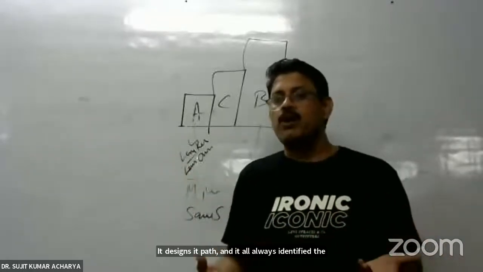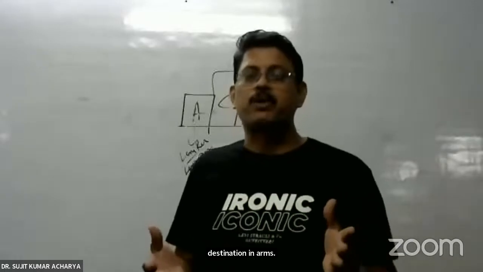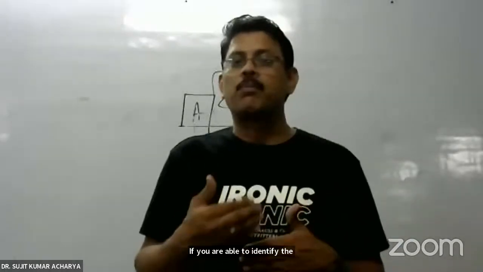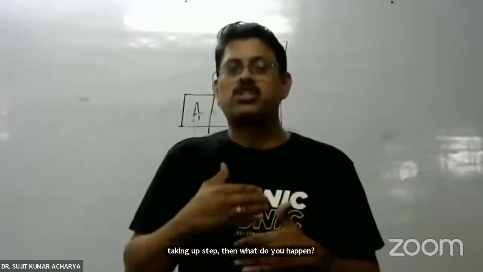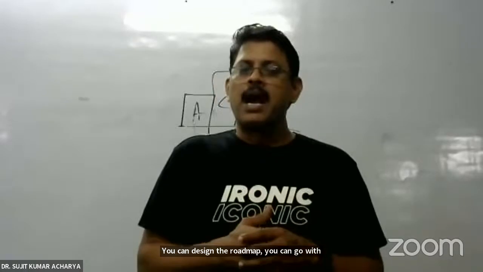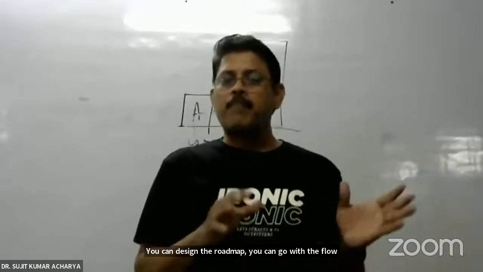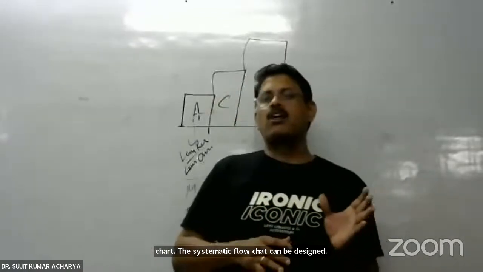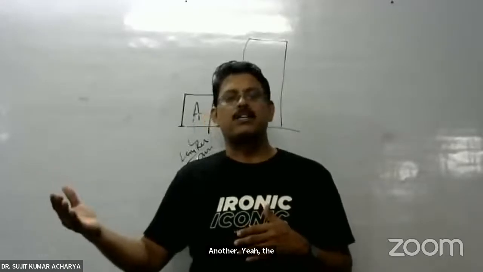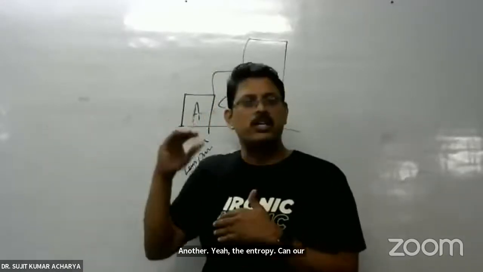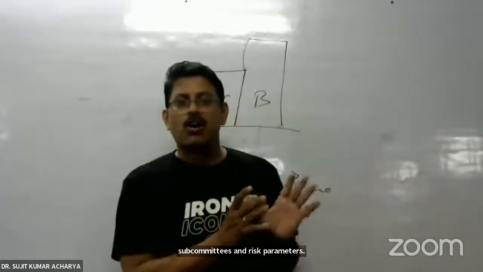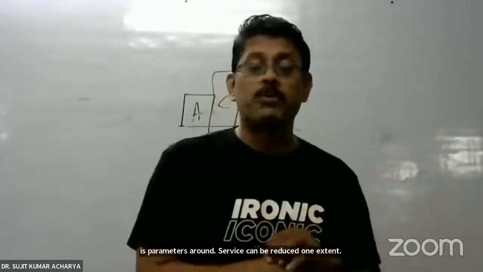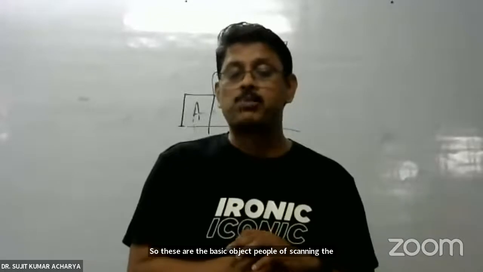If you are able to identify the opportunities before taking up steps, then you can design the roadmap. You can go with a flowchart. A systematic flowchart can be designed. And another is that the entrepreneur can avoid the uncertainties and risk parameters. The risk parameters and uncertainties can be reduced to an extent. So these are the basic objectives of scanning the opportunities from the enterprise point of view.